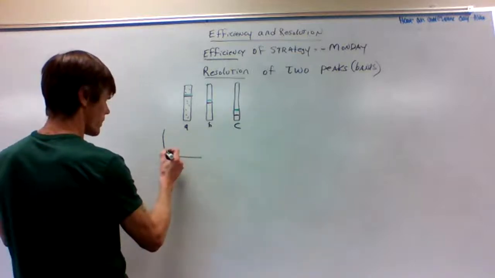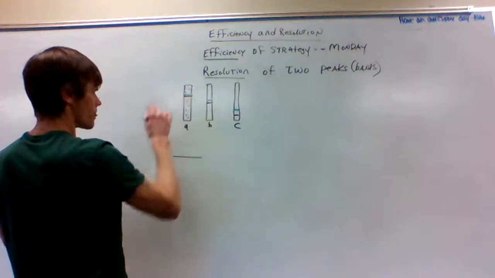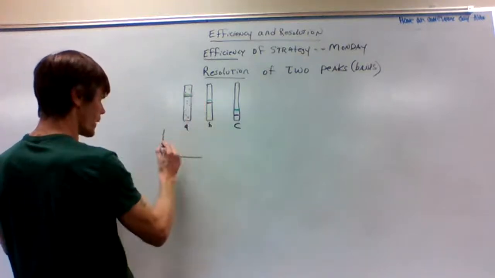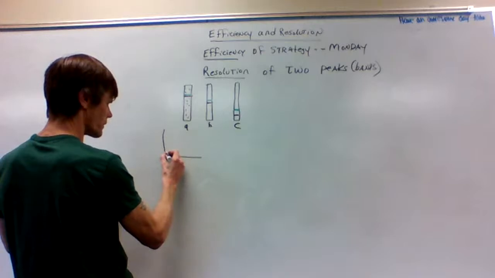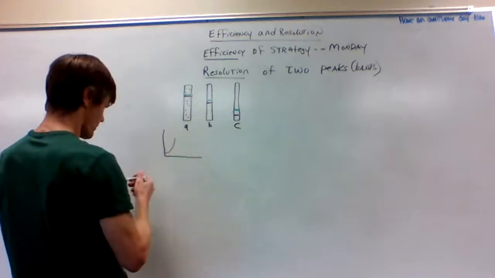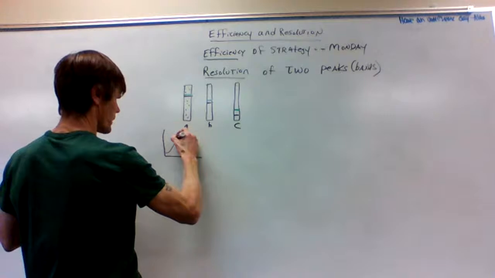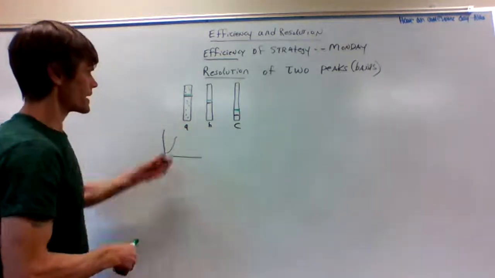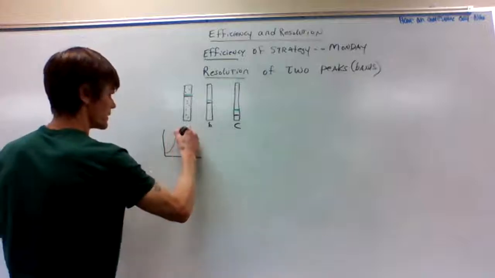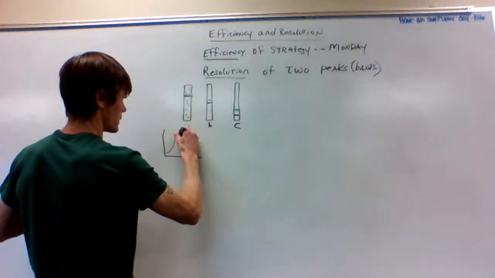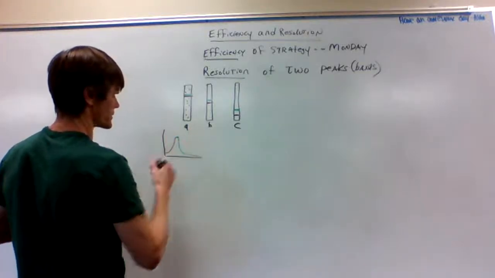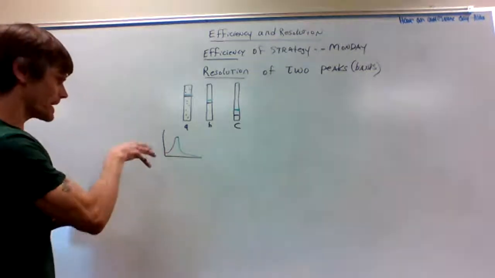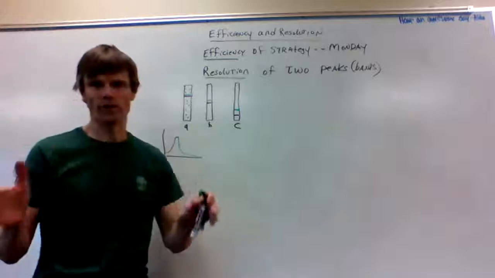We would have, notice B is coming off first, so make sure we get that correct. This red one's coming sooner, and it would be represented by that. But guess what? The green guy is right next to it, and we're going to get something that looks like that. We get this peak that's not well resolved.